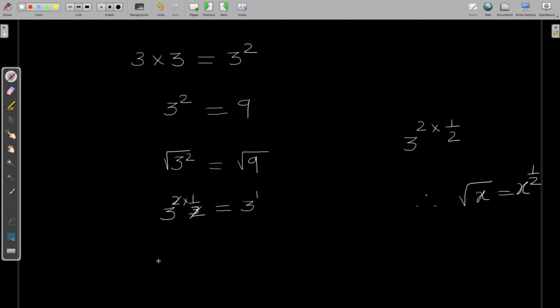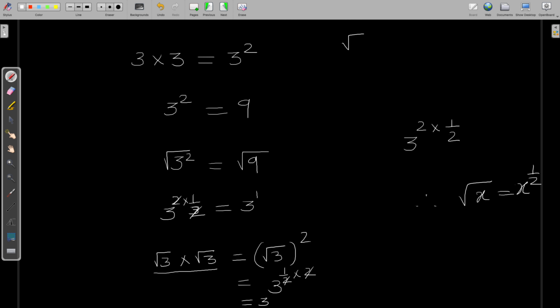Exactly like this, if I take root 3 into root 3, that will give me root 3 the whole squared. This square root sign is nothing but to the power 1 upon 2. So 3 to the power 1 upon 2 is root 3; I open the bracket, so multiply by 2. When I cancel this, I get 3 to the power 1, that is 3. Thus in short, square root of 3 into square root of 3 is equal to 3.